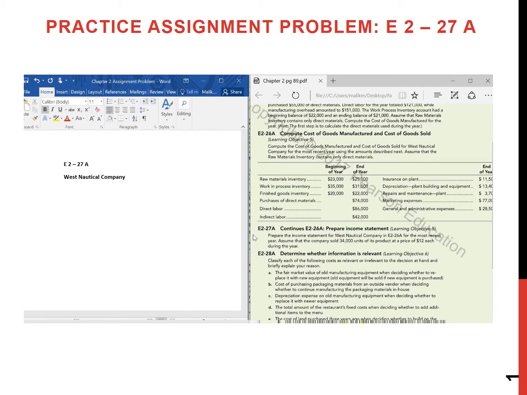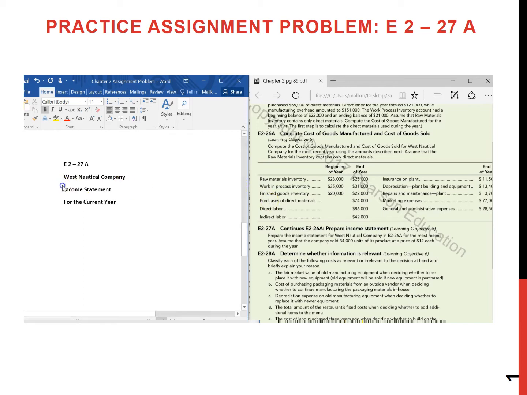And you will write down the name of your statement. It's income statement. If you know your year, you should write it down, but we actually don't know the year, so you can just write it down for the current year.